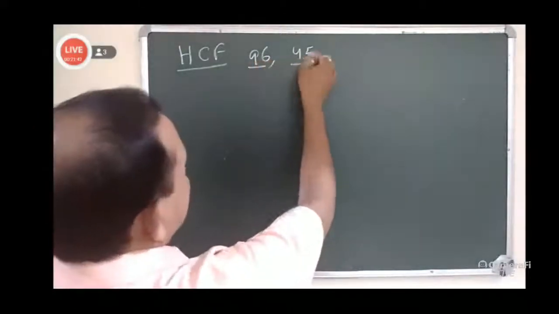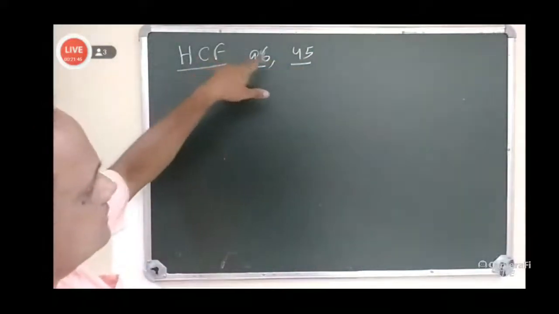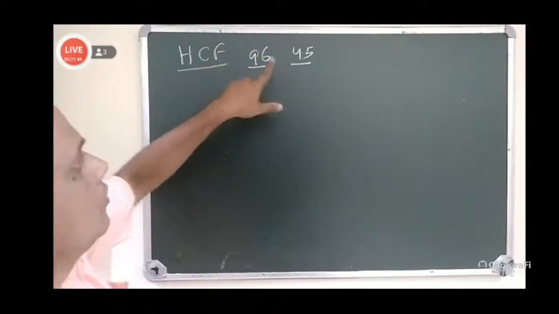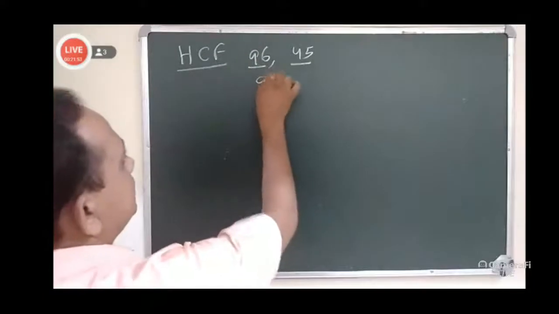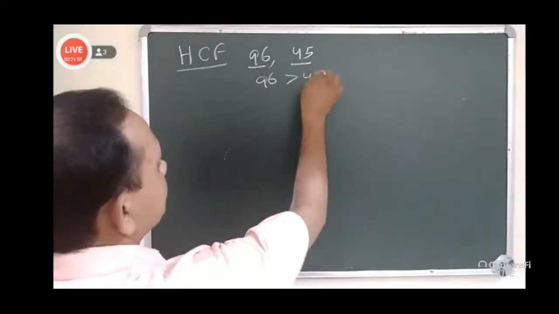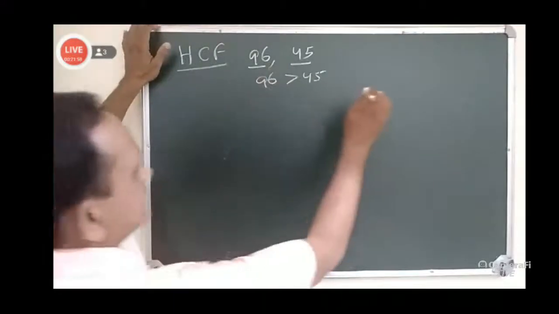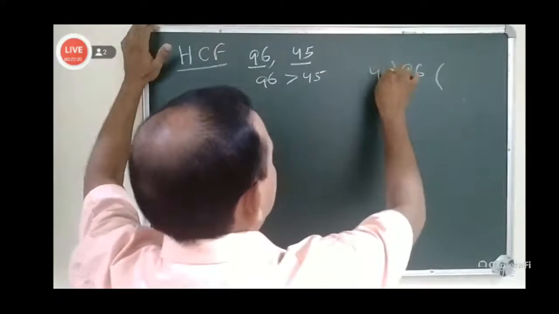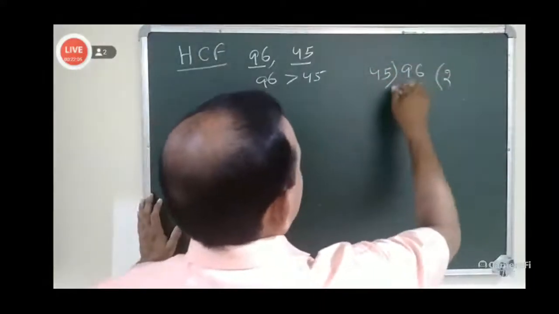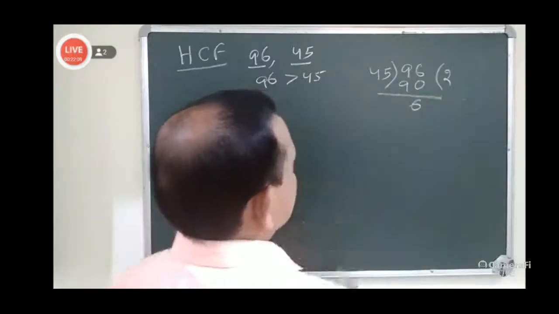A is greater than B, that means 96 is greater than 45. So we divide 96 by 45. 45 twos are 90. The remainder will be 6.